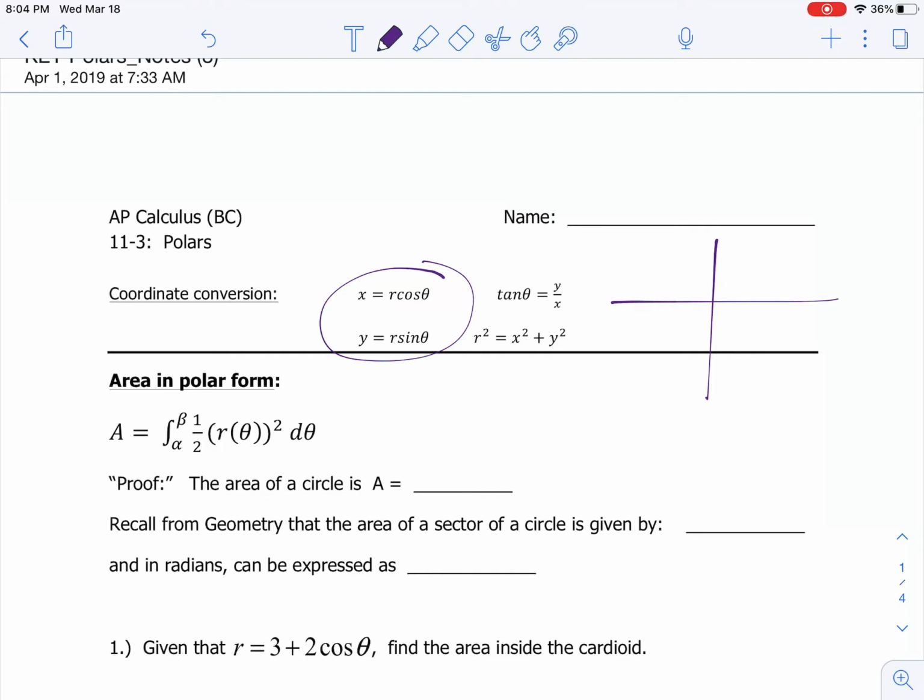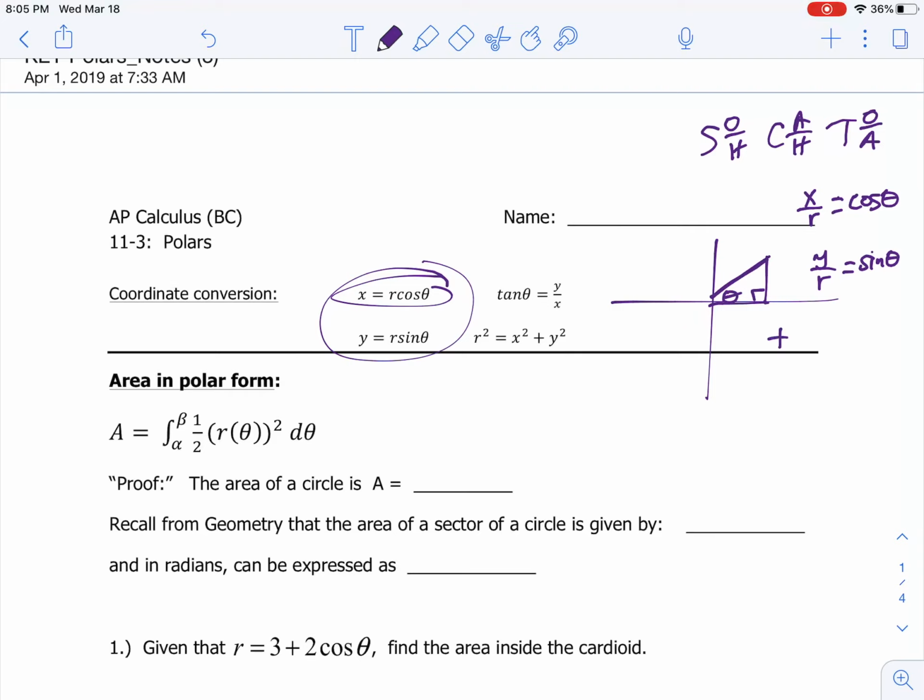So if I think about a particular radius, I can go all the way back to when you learned SOHCAHTOA. And we can say that if this is theta, and that's the angle, and r is the length of that radius, then x over r would be the cosine of theta, which tells us that x is r cosine of theta, and y over r, opposite over hypotenuse, would be the sine of theta.